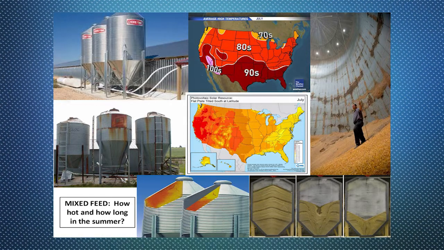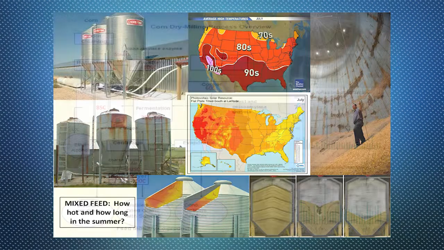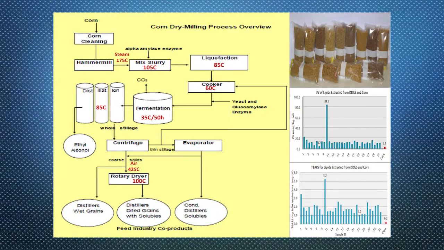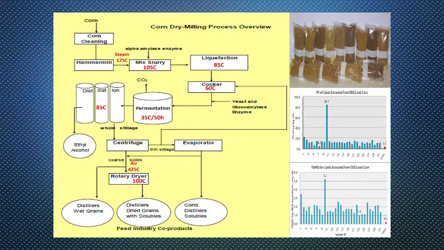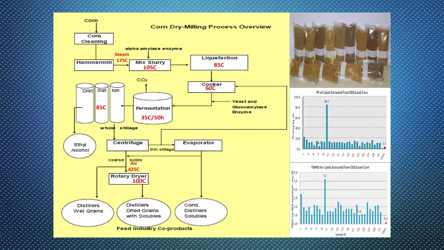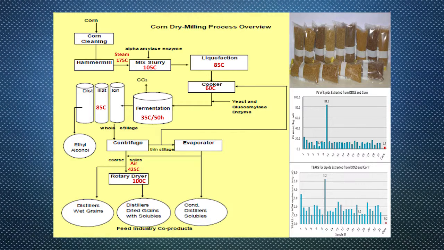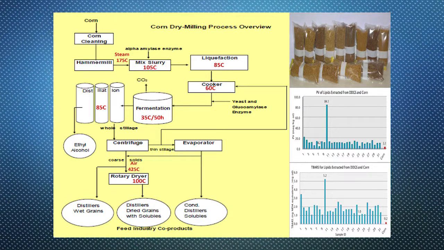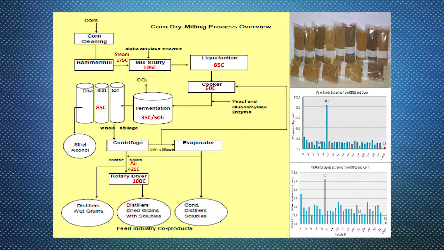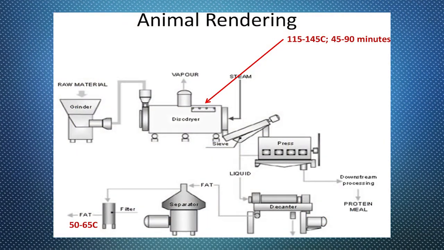This is where I came up with maybe 45C for a week or two. The process of corn milling has some heat involved in it. And at least in one sample that Minnesota published, they did have one sample of distillers that had a high PV value or high T-bars value.